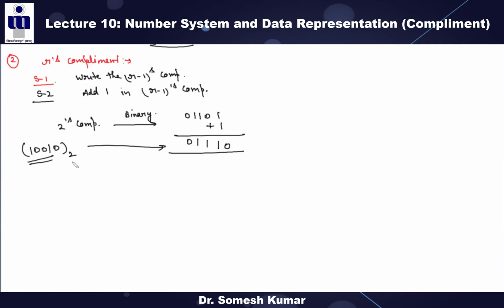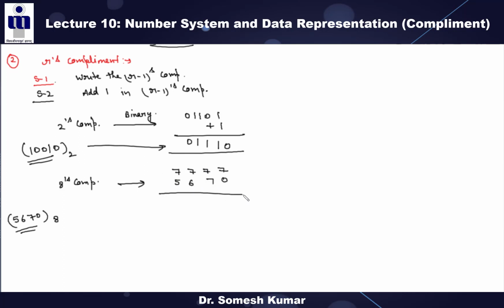Now we will take the next example, the 8's complement. The question is 5070. Find the 8's complement of this. First you have to find the 7's complement, and for the 7's complement you have to subtract this number from the maximum.